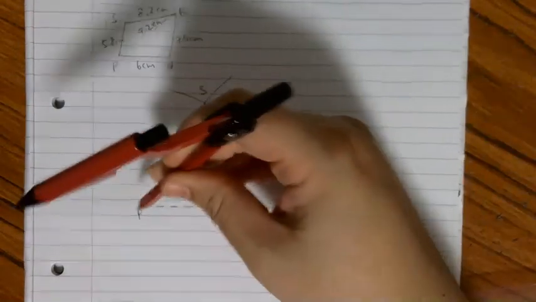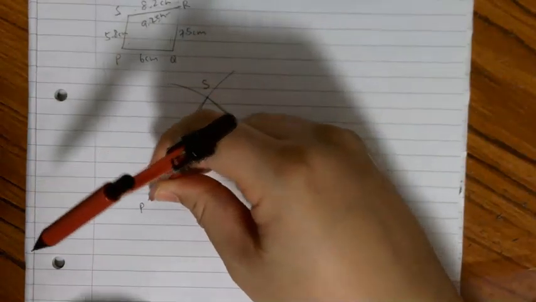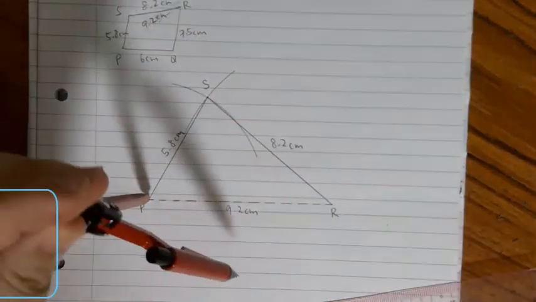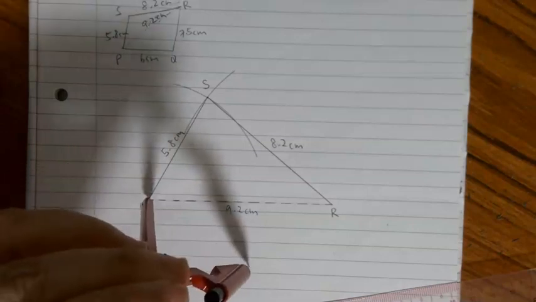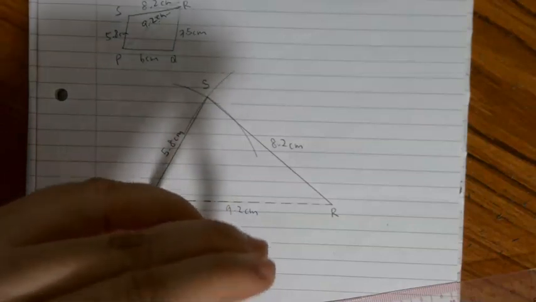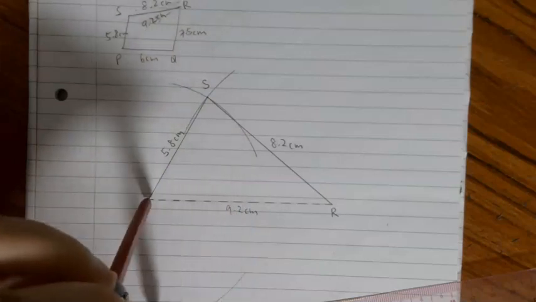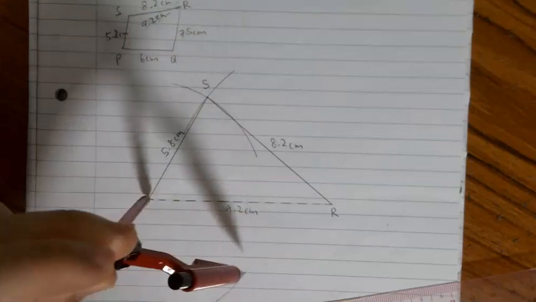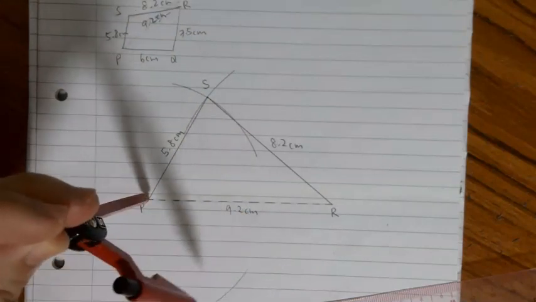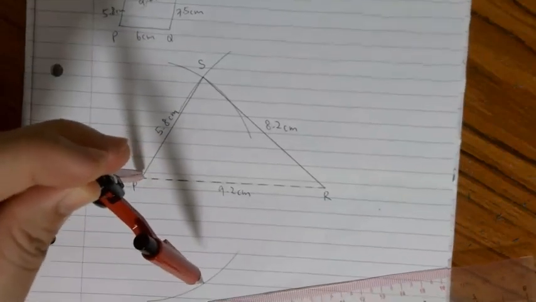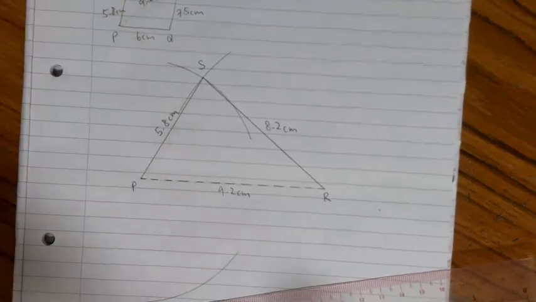Put the pin at P, and use the top to draw out an arc. Never use force on the side of the pencil when you're drawing the arc out. So I draw this arc out, 6 cm.